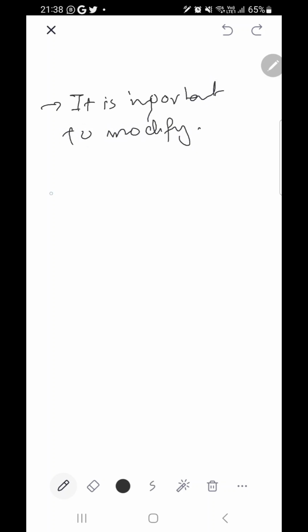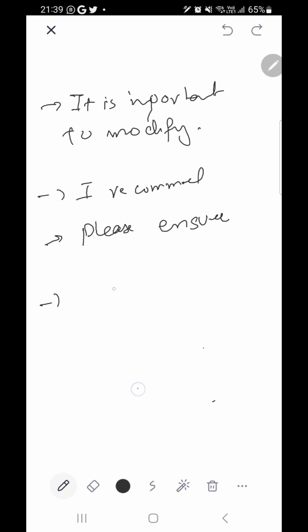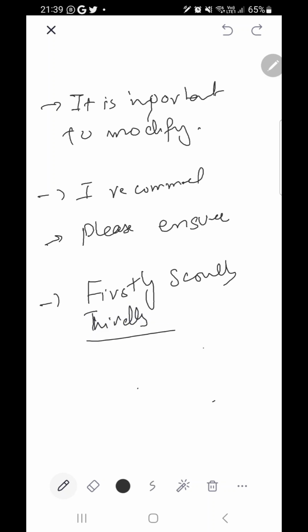Now you are giving advice to the patient. Similarly, I recommend dietary advice, or please ensure his or her medicine compliance. And when we have to sequence the information, we can use firstly, secondly, and thirdly, right? And so on. So these are the signal markers.